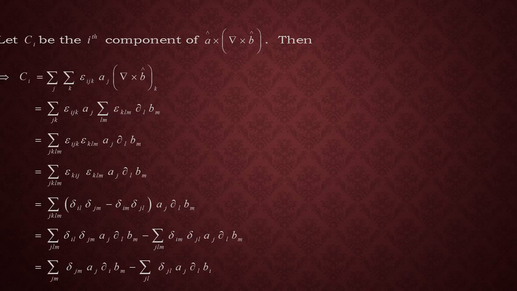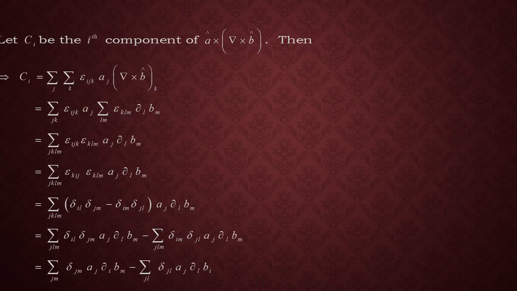In this notation, (del cross B cap) suffix k is the kth term of the curl B cap. Here, instead of writing two summations, we can write a single summation over j and k.